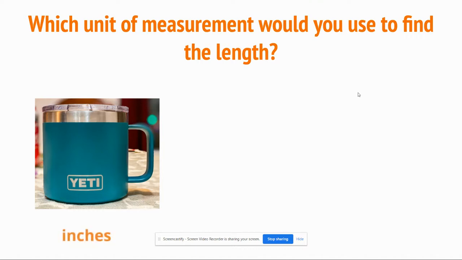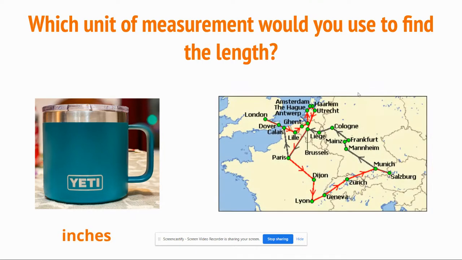What about this one? Look at this on a map. We've got all of these different cities to get to in Europe. Gosh, makes you want to go. It's not going to be inches. It's not going to be feet because that's too many feet. This one's going to be miles.